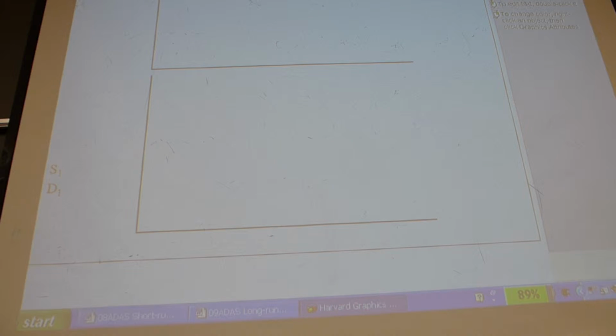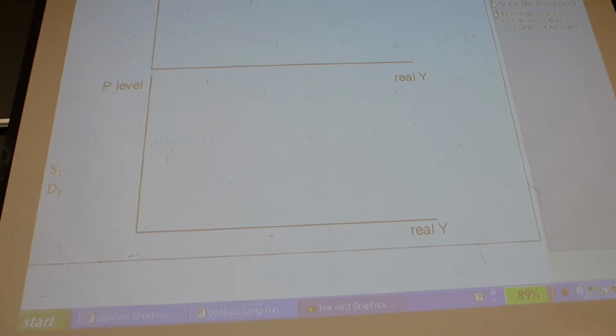Horizontal axes, real GDP, real Y actually. But again, it's the same as real GDP, they're always the same. Over here, P, or price level, might be better.